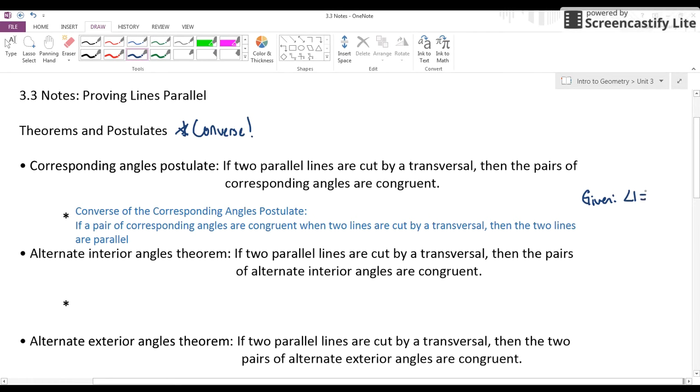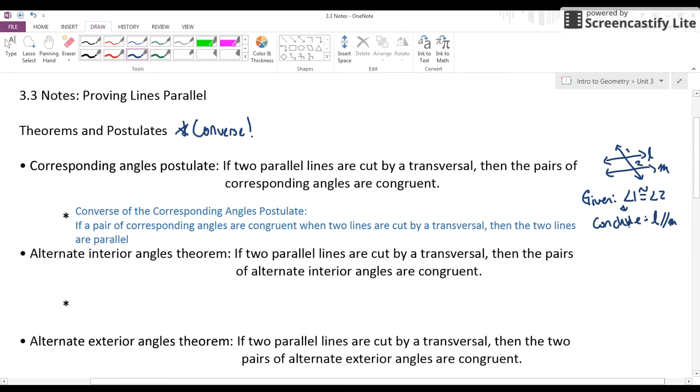angle 1 is congruent to angle 2, and here's my diagram, right? I have two lines cut by some transversal. Notice how I don't know they're parallel. There's no marks here saying they're parallel. But I know angles 1 and 2 are congruent, then we can conclude, I'll call these lines L and M, we can conclude L is parallel to M. Again, that says conclude.